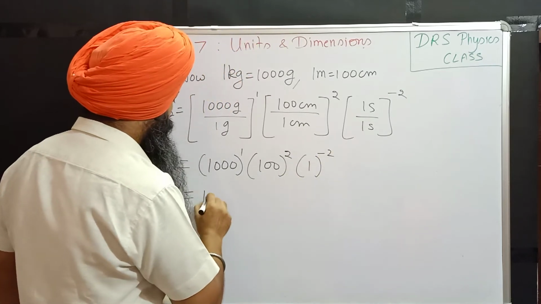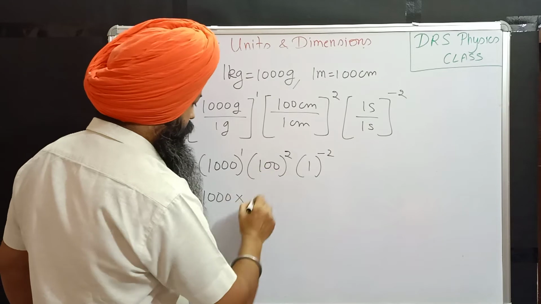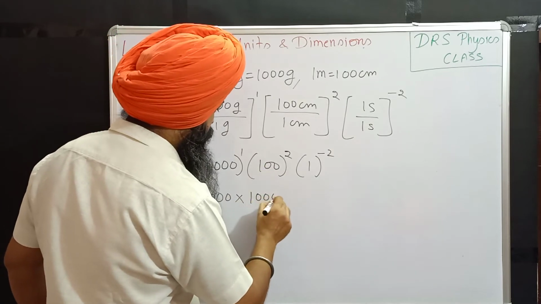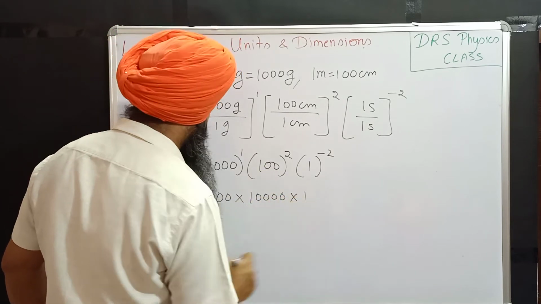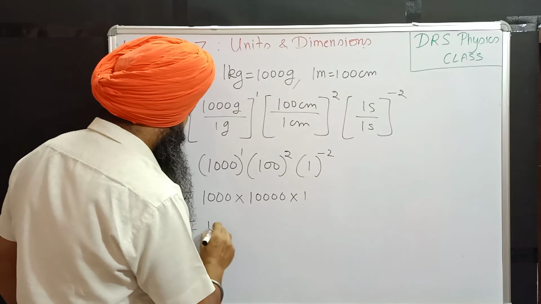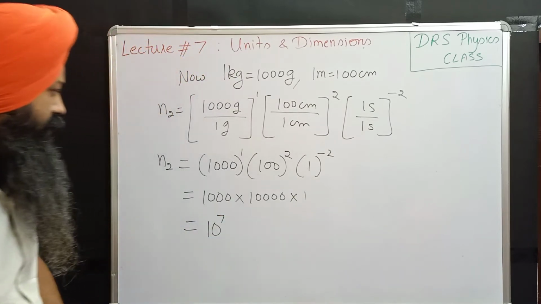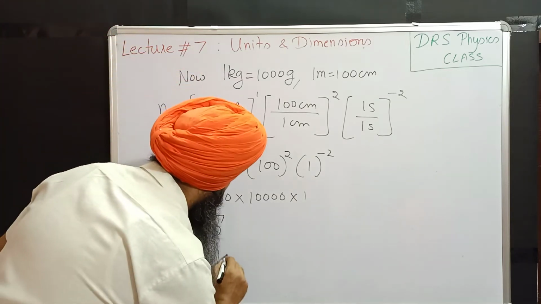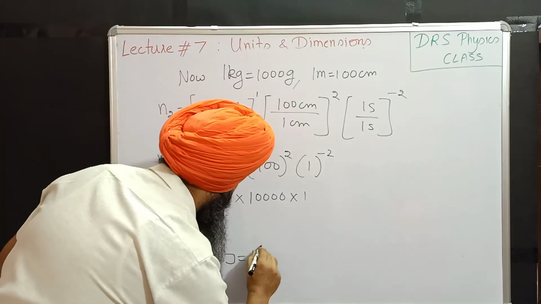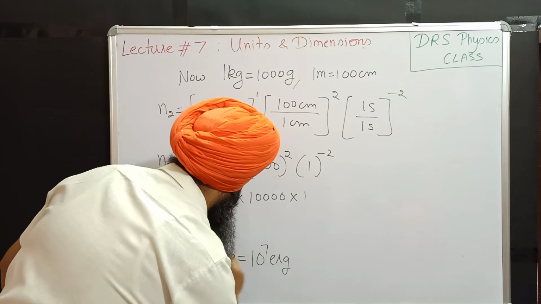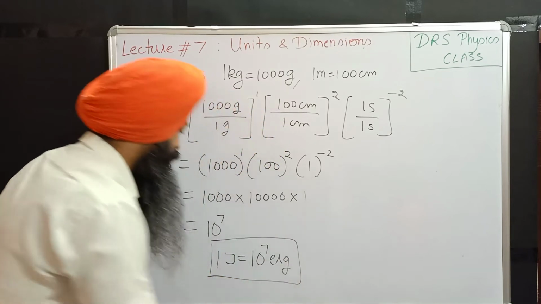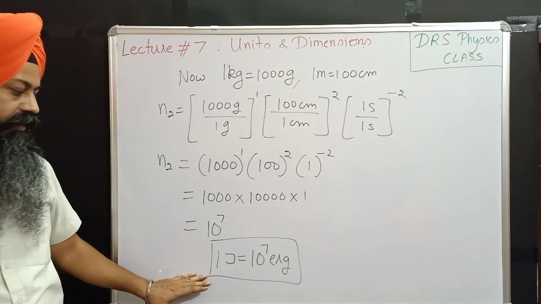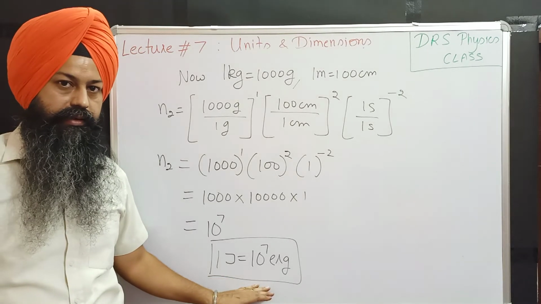That is 10 to the power 7. So we have found the value of N2: 1 joule is equal to 10 to the power 7 erg. We have converted joule into erg.